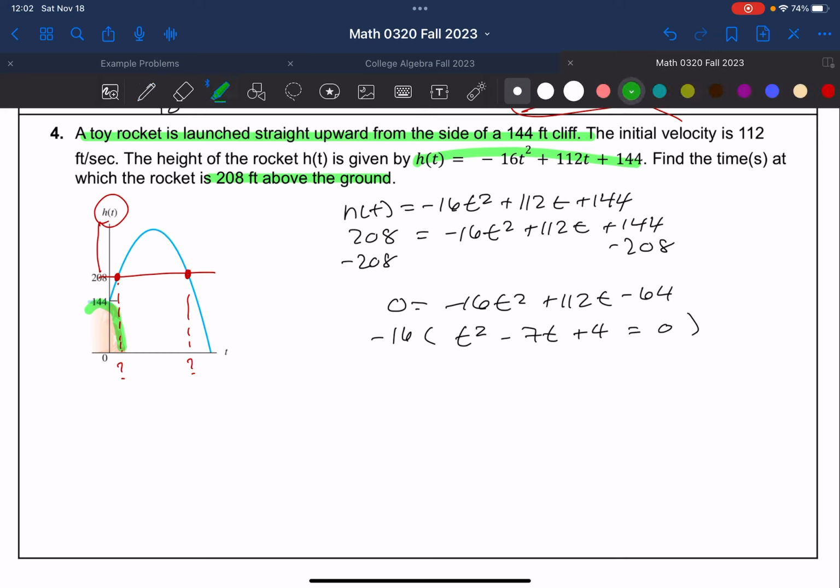So now I'm only looking at this function inside the parentheses. So then I have my a value, my b value, and my c value that I'm going to be plugging into my quadratic equation.